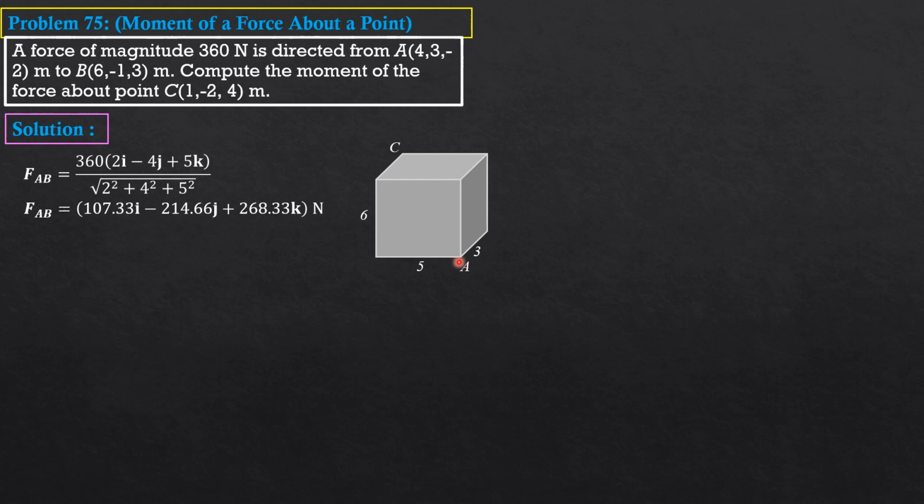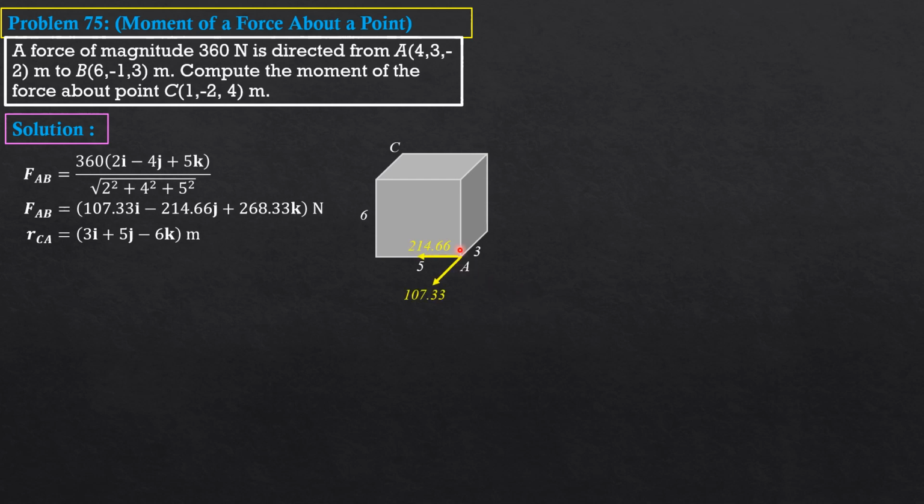Then let's put the components of the force at A. RCA therefore is 3I plus 5J, then minus 6K. 3I forward, rightward 5, so 3I plus 5J, then downward 6, so minus 6K. That's the position vector RCA.